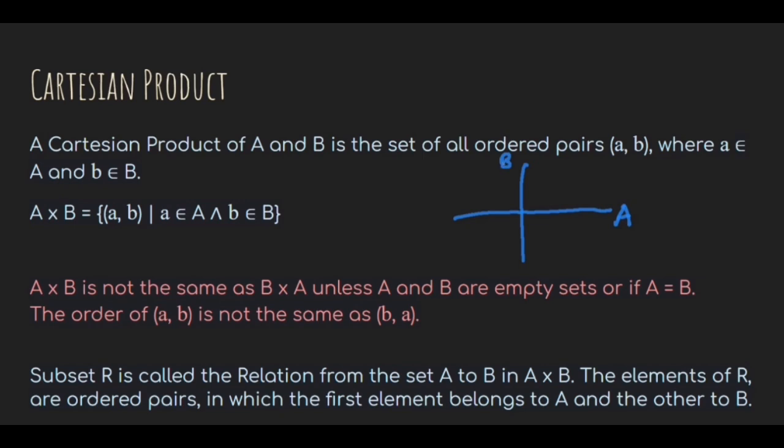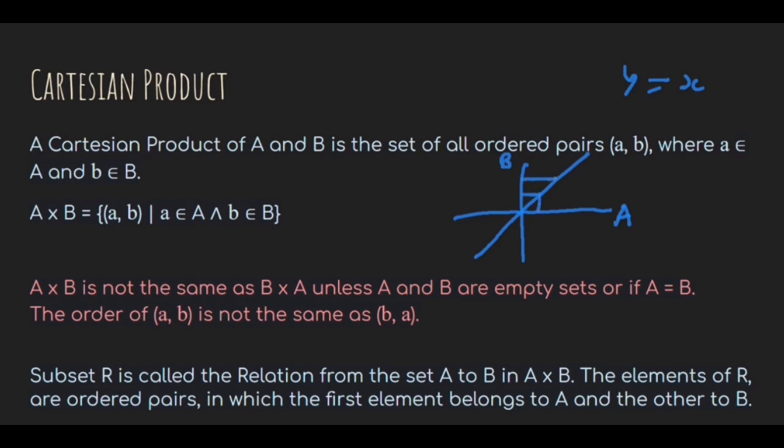If we keep the set entirely empty, then it doesn't matter if we're looking at the Cartesian product from A to B or B to A, the graph is going to look the same. But let's also consider, let's say that we have the function y equals x. So that would kind of look like this. If our b is 1, then our a has to be 1.